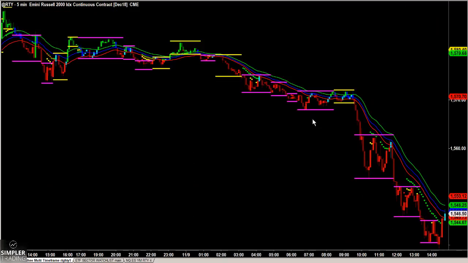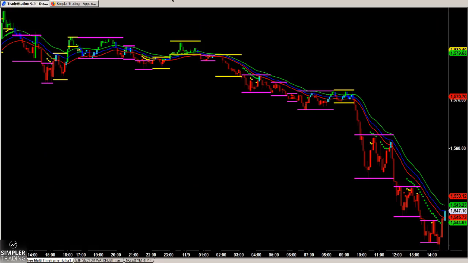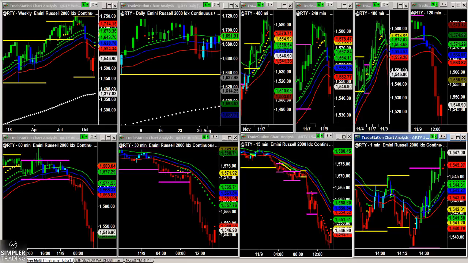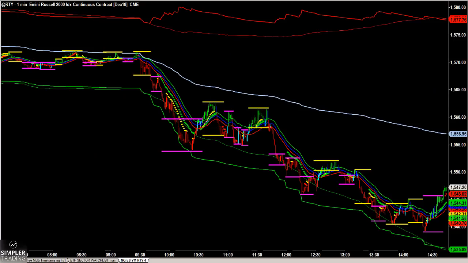Maybe it's a wave reversal. Maybe it's a 5 minute trend follow. Okay, maybe you're looking at the 1 minute volume weighted average price here.